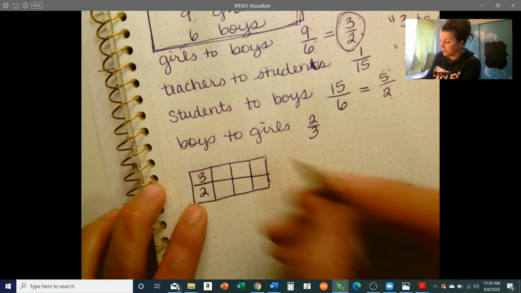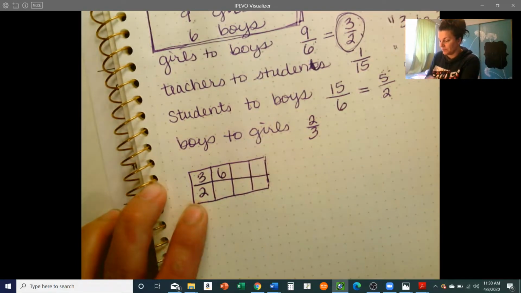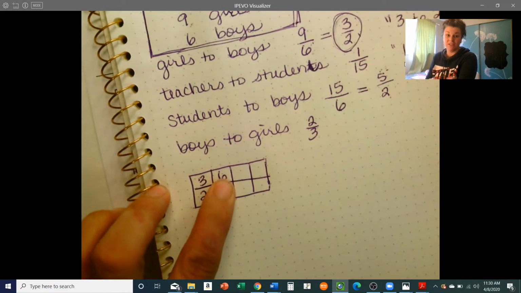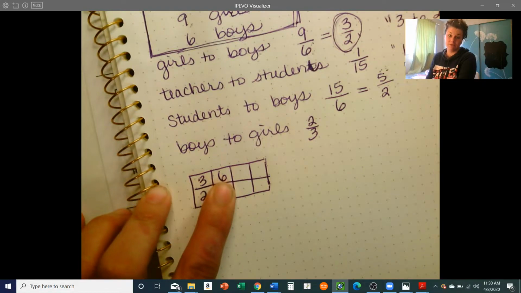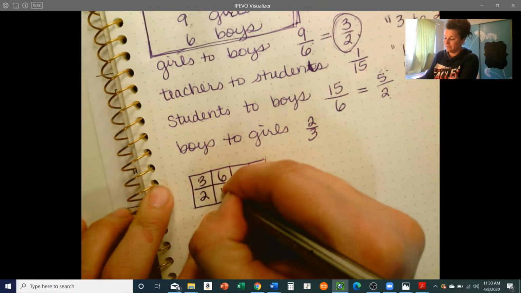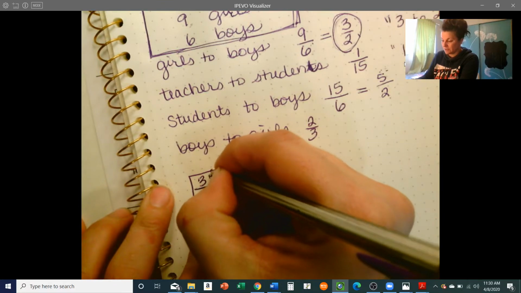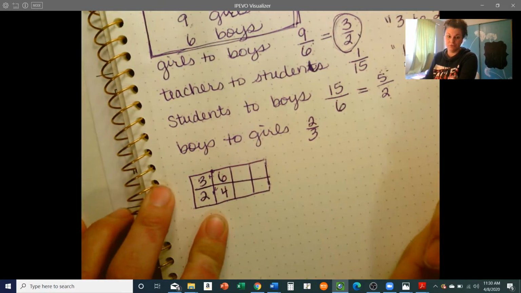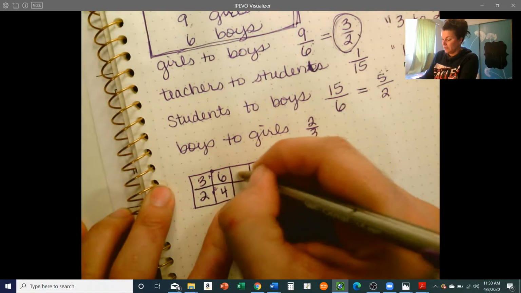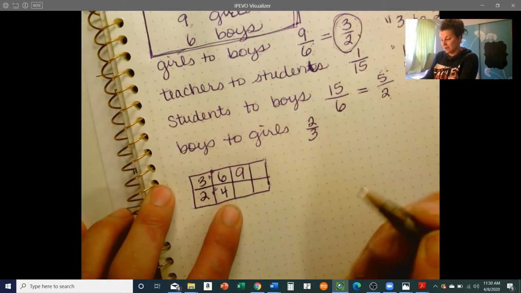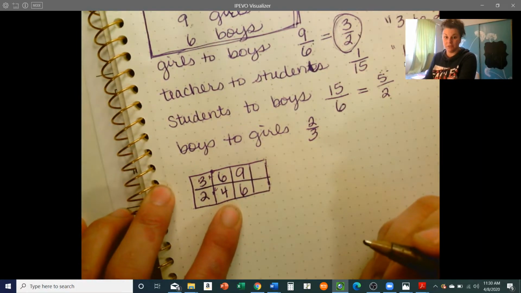So 3 to 2, what if I have a 6 on top? If there were 6 girls, how many of them would be boys? 4. Because look, all I did was multiply those by 2. Okay, for every 9 girls, there are 6 boys.